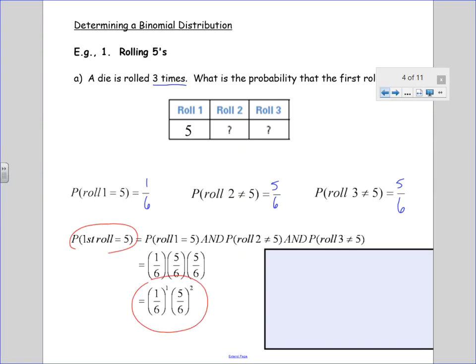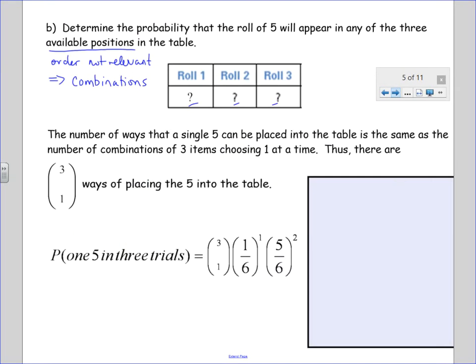Now we're extending it so that the roll of 5 can actually occur on any of the 3 rolls, so 1, 2, and 3. That implies that there are 3 choose 1 ways of assigning the 5 into any of those positions. So we have to triple. 3 choose 1 is equal to 3. So that would be times 1/6 to the 1 times 5/6 squared.